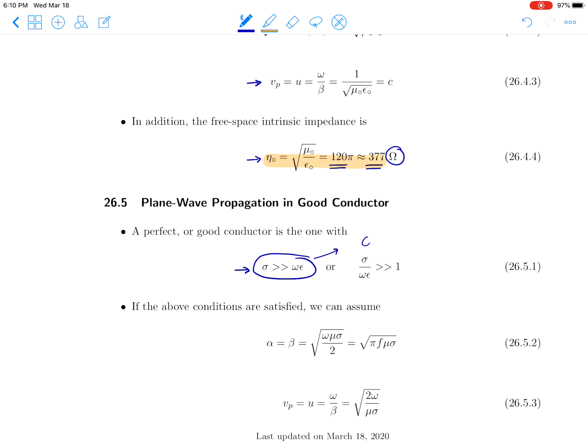For conductors, the relative permittivity is really high. In theory, if you have a perfect conductor, then this one should be infinite.